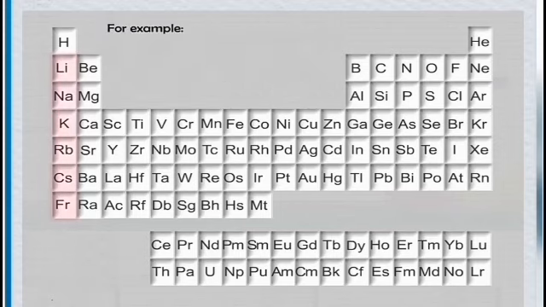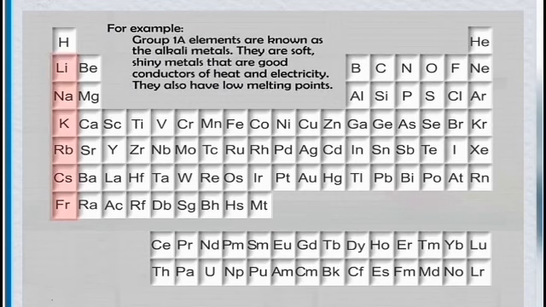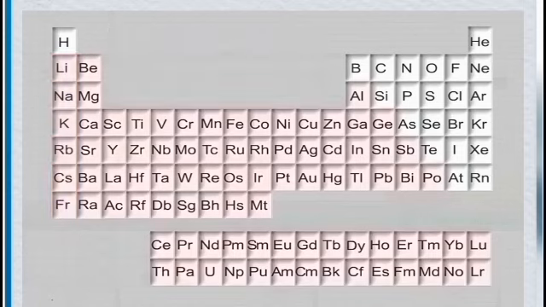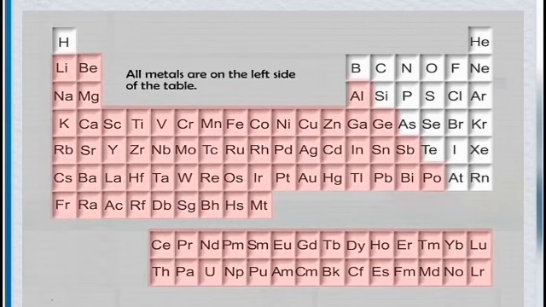For example, Group 1A elements are known as the alkali metals. They are soft, shiny metals that are good conductors of heat and electricity. They also have low melting points. All metals are on the left side of the table.